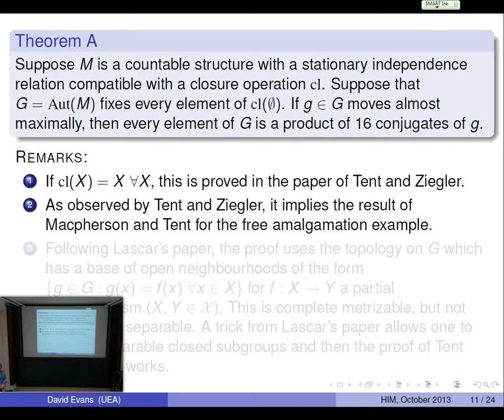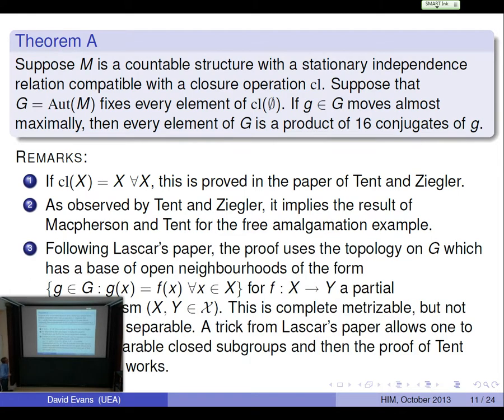Okay, we're going to play this game of how many conjugates do you need, just to keep you awake. I'm not going to prove anything, but I'm going to do these silly little calculations. Well, the proof really uses some things from Lascar's paper.